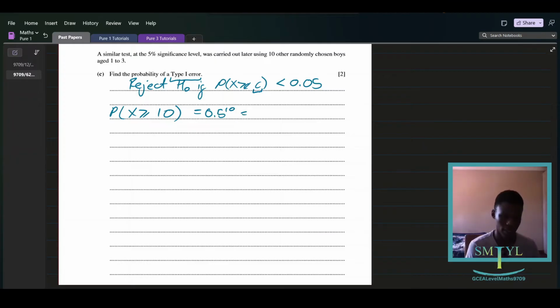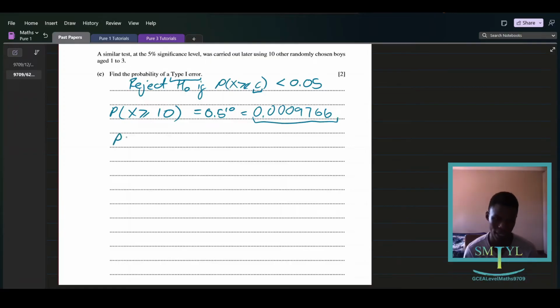Let's punch that into the calculator. 0.5 to the power 10. This is 0.000976. Let's put it to 4 significant figures, so 6. And we can tell that this is still less than our 0.05.